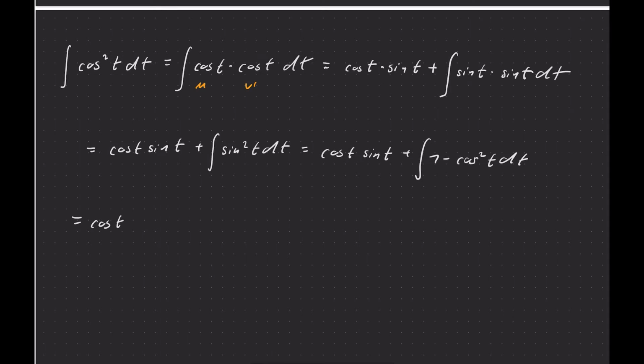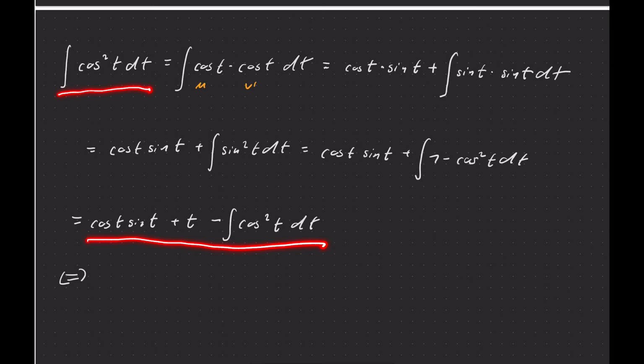So we get cosine t sine t. We integrate that 1, that's just given as t. And then we have minus the integral of cosine squared t dt. So what can we do now? Well, we have an equation here that says this integral is equal to this expression.